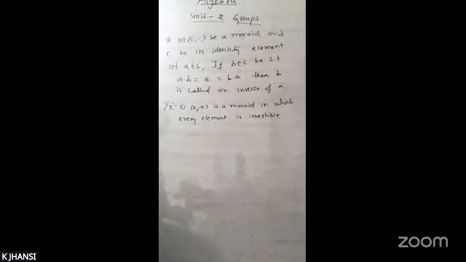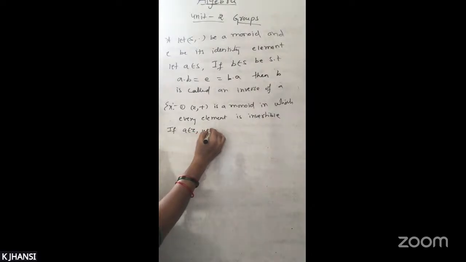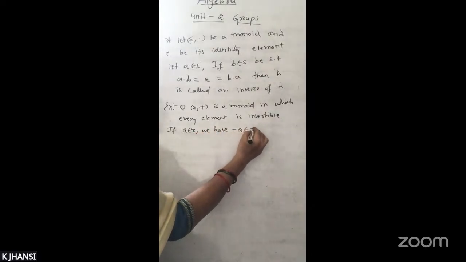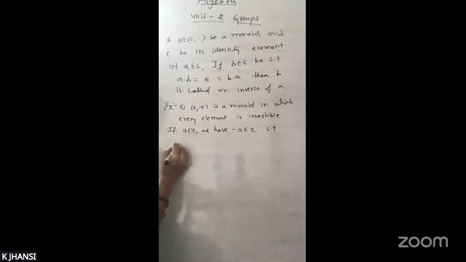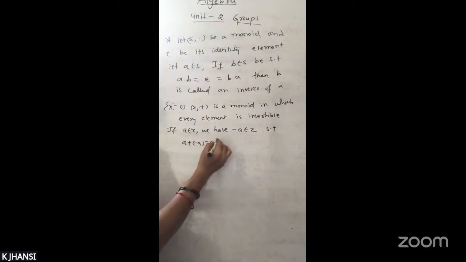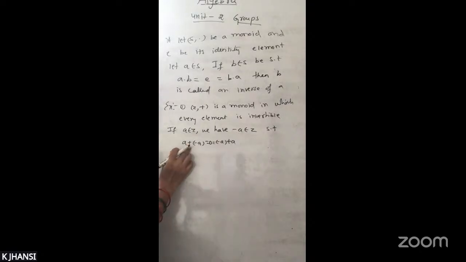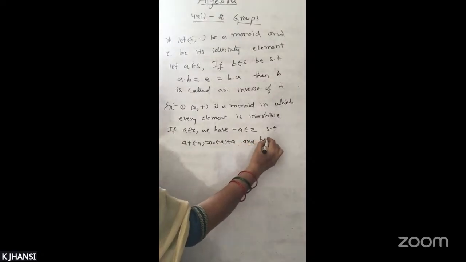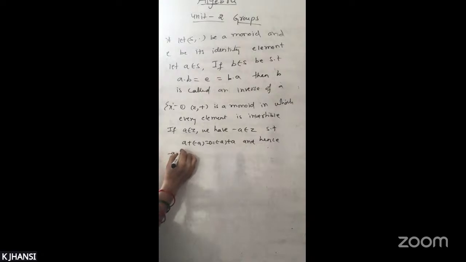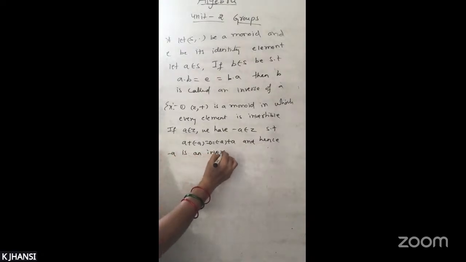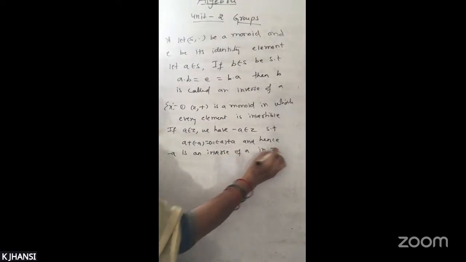You can say it like this: if a belongs to Z, then -a belongs to Z such that a + (-a) = 0 = (-a) + a. It satisfies the inverse property with respect to addition, and hence -a is an inverse of a in the integers Z.